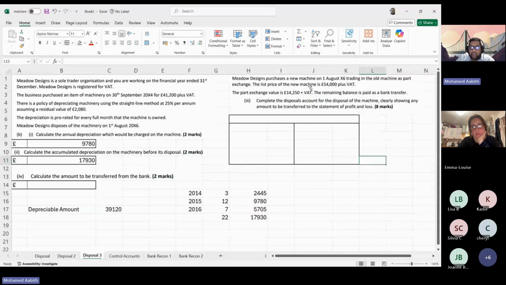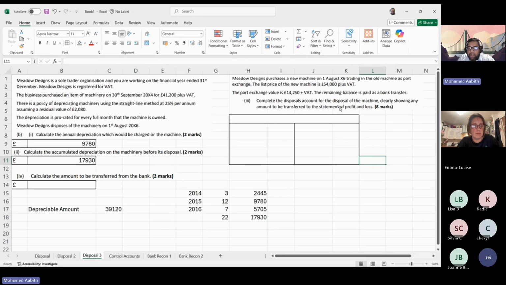The list price for the machine is £54,000 plus VAT. The part exchange value is £14,250. So this has got nothing to do with this question. This is for something else. Okay. So they are asking you here, the remaining balance is paid by bank transfer. Complete the disposal account for the disposal of the machine, clearly showing any amounts to be transferred.